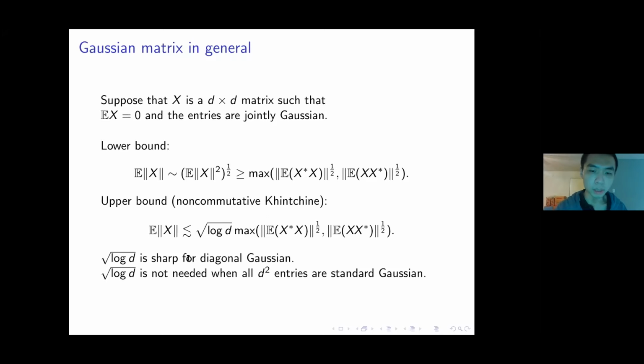The upper bound is sharp for diagonal Gaussian, where all the diagonal entries are IID and the off-diagonal entries are zero. The lower bound is sharp for the case when all the D square entries are IID standard Gaussian.